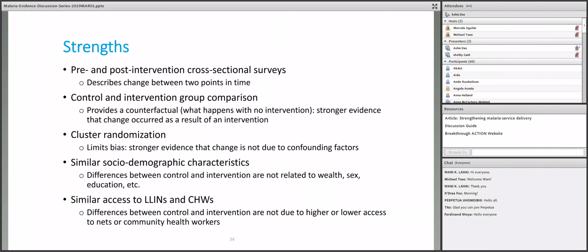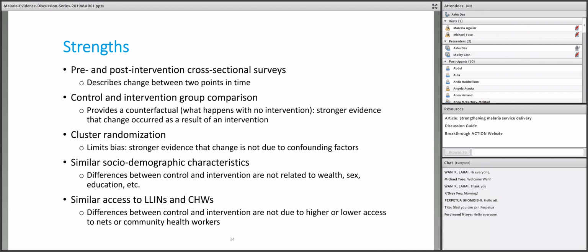And we also did a pre-post intervention analysis to compare the changes between 2 points of time. And since it was controlled, we had a strong counterfactual, which can say what would have happened in the absence of the intervention.